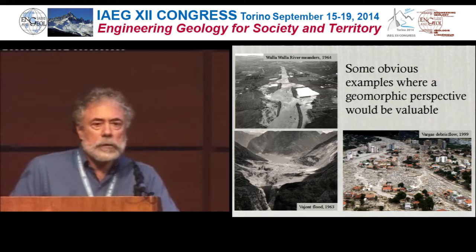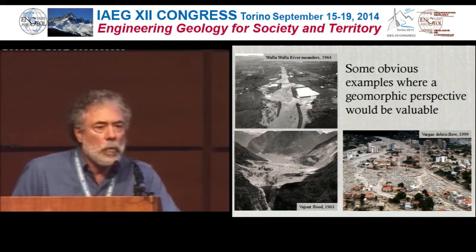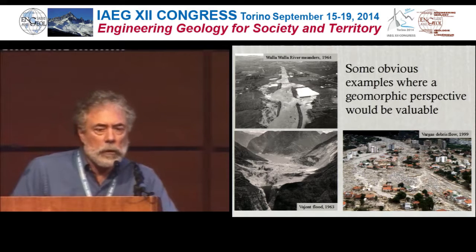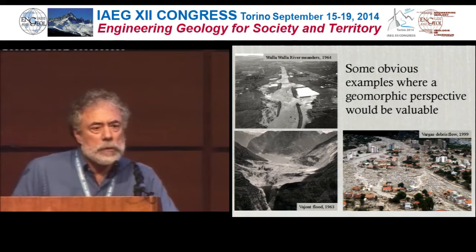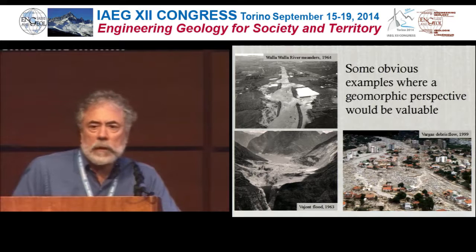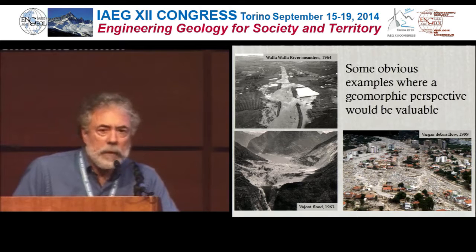Another well-researched, well-understood example was the tragedy of the landslide at Vajont in the Italian Alps, where the failure to recognize a large, deep-seated landslide complex, accompanied by the construction of a very large dam at the base of this landslide, resulted in a slope instability, producing effectively a tsunami that overtopped the dam, ran down a very narrow gorge, ran across a large river valley, and destroyed the town of Longarone and many thousands of people.